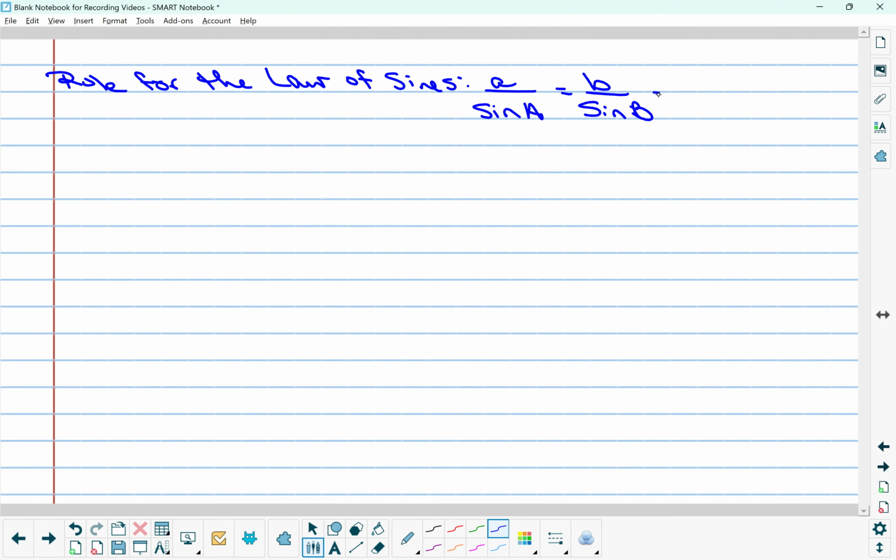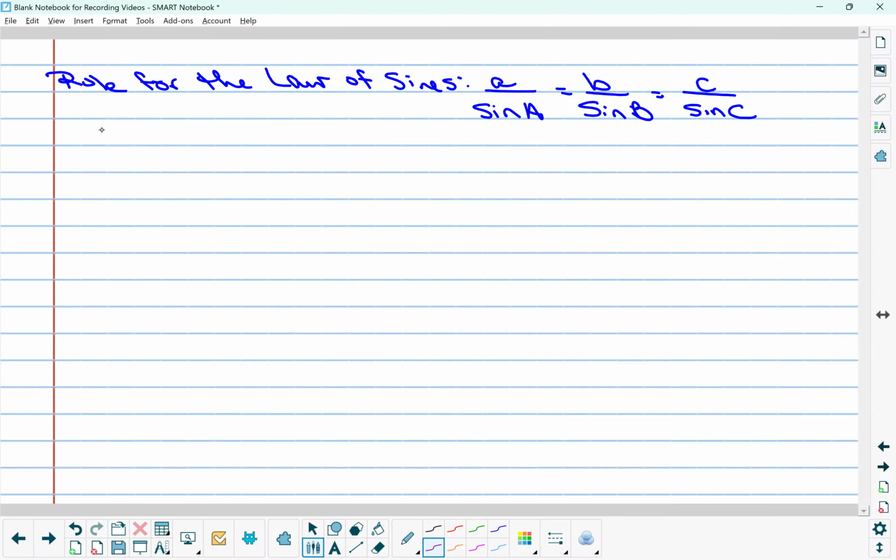So here is the rule for the law of sines. Okay, so you're going to have three ratios set equal to each other. A over sine of A is equal to B over the sine of B is equal to C over the sine of C. Now, I know in Varsity, these are going to be set up with Greek letters.